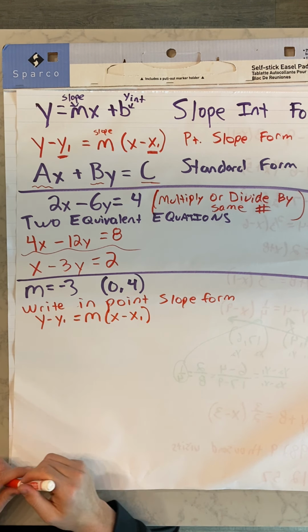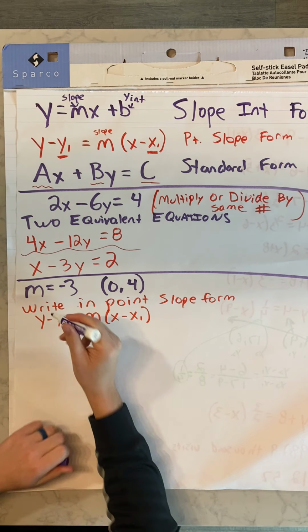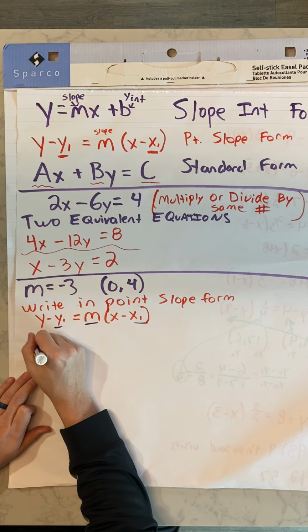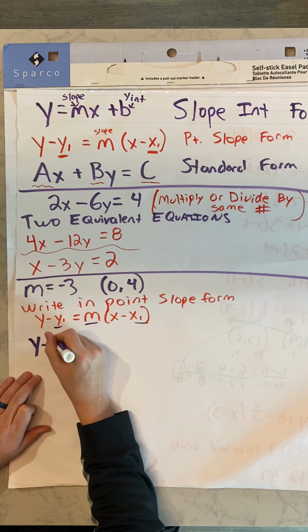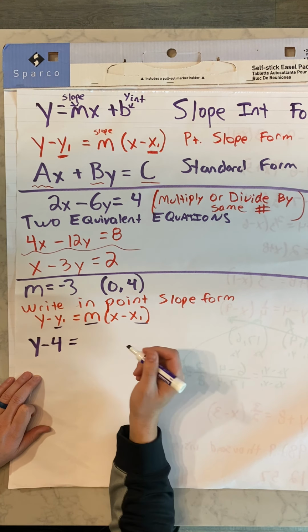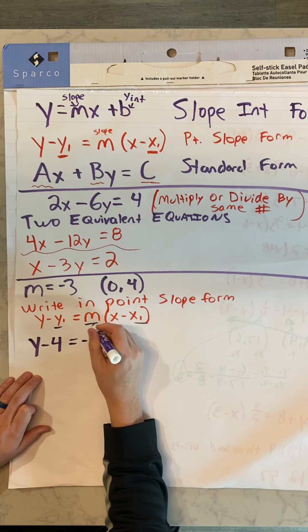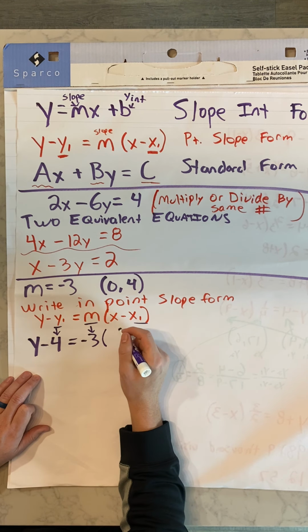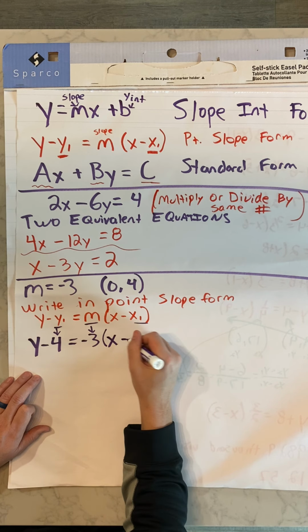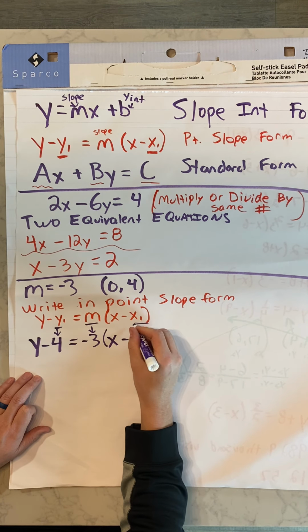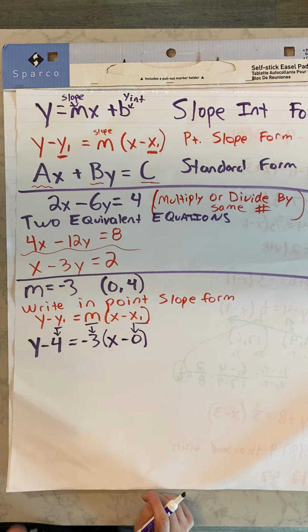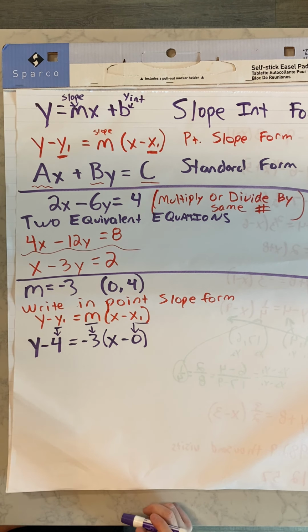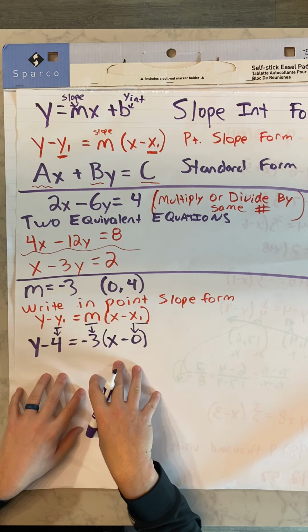So we are just going to plug in for these three things. It's going to be y minus 4 equals -3 times the quantity x minus 0. We just plug those in. So it is in point slope form now.